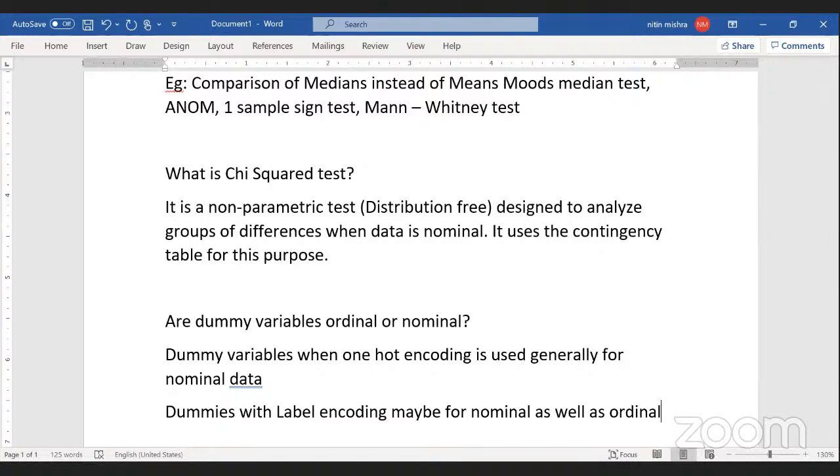Now, however, care needs to be taken when you are using it as ordinal data. All right. You have to ensure that the labeling is done accordingly, because the labeling by the algorithm is simply done on the alphabetical order.